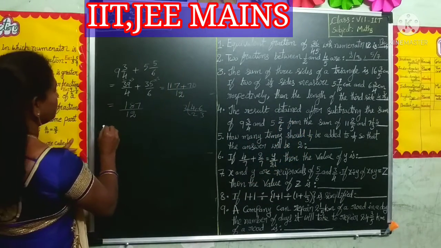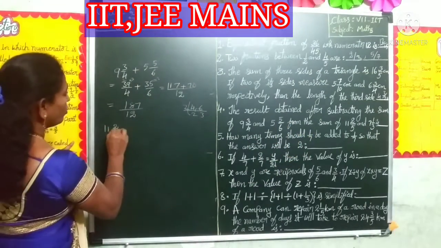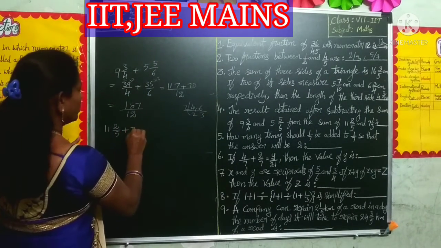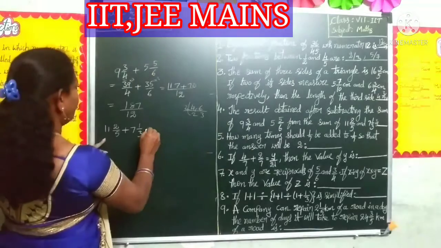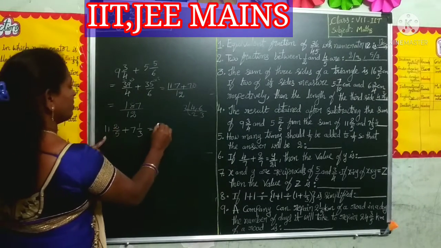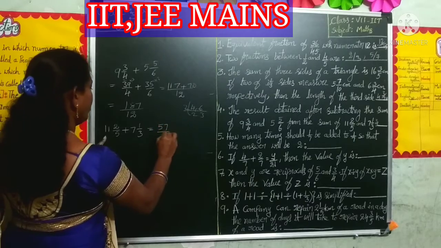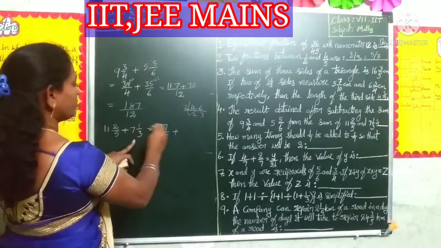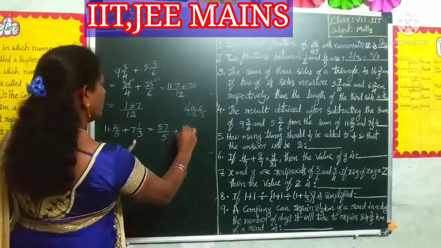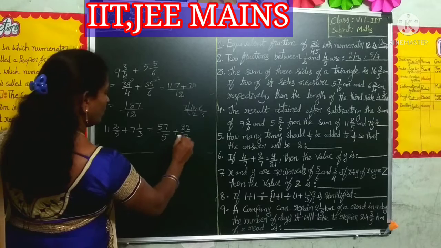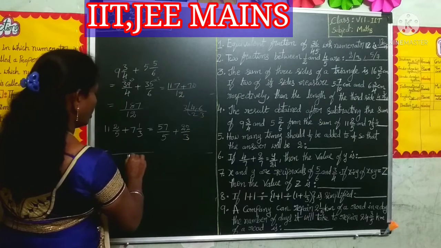And next, the sum of the next two fractions. What are they? 11 2/5 plus 7 1/3. That is equal to 57/5 plus 22/3. What is the LCM? 15 only.